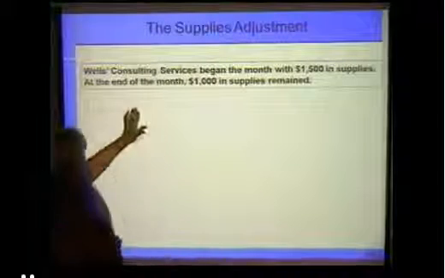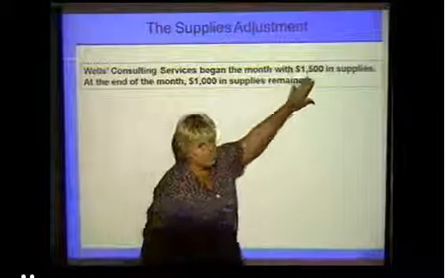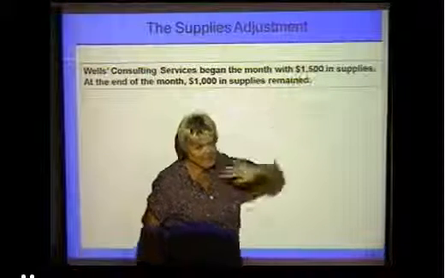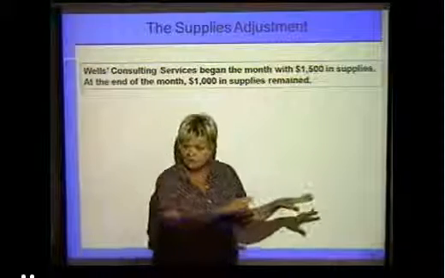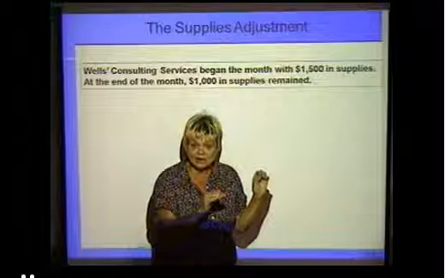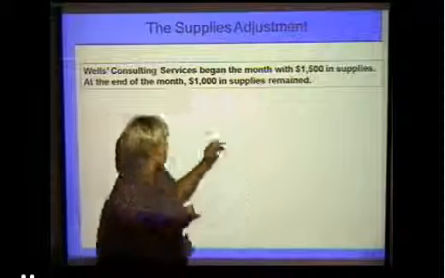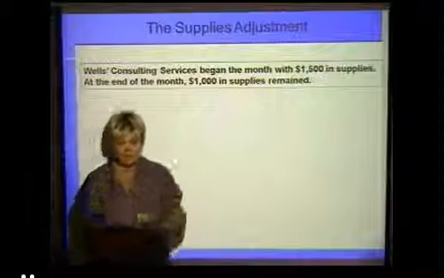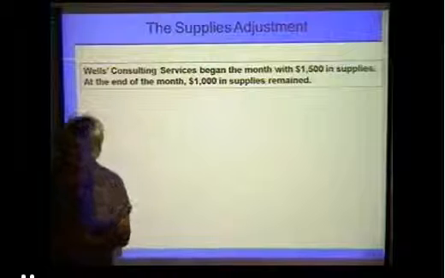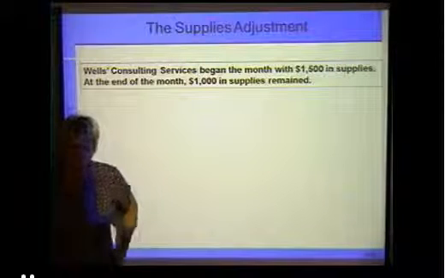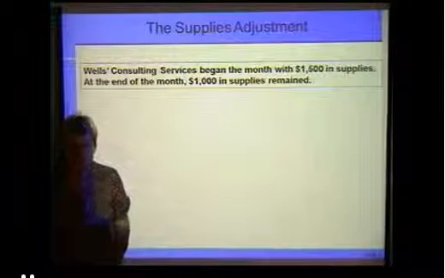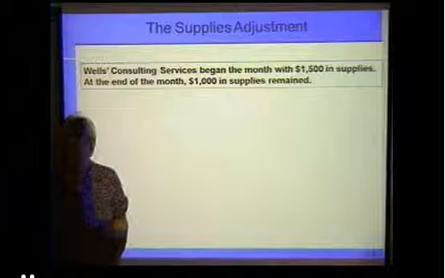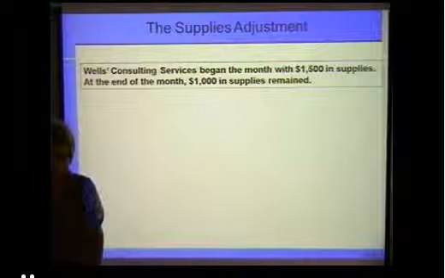So if we had $1,500 at the beginning of the month, and at the end of the month we go count, we've got $1,000. So what does that mean, Mr. Eklund? Less $500.